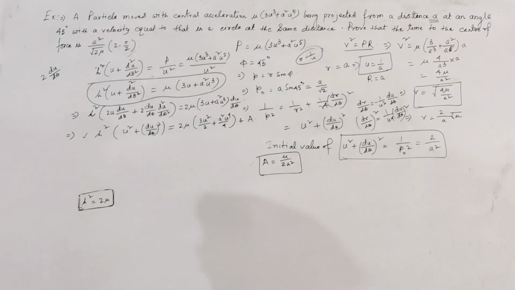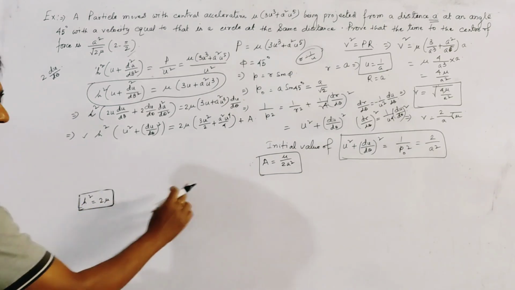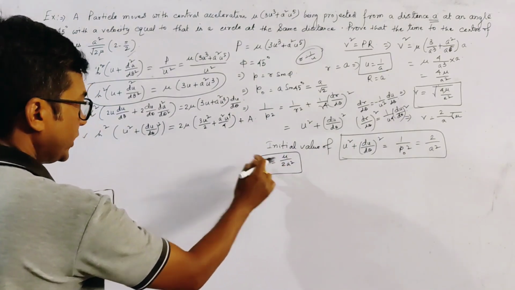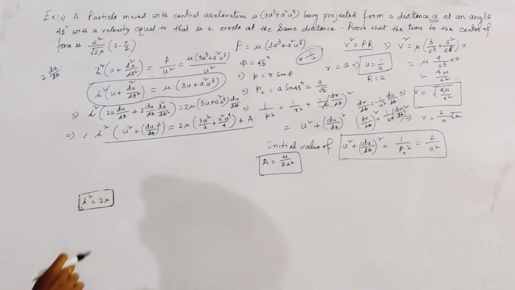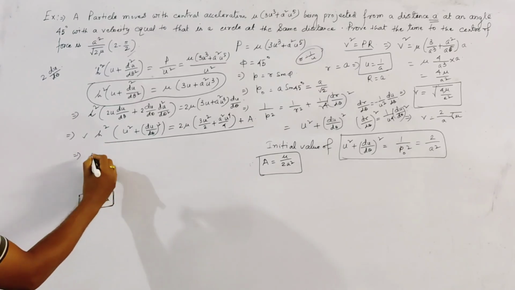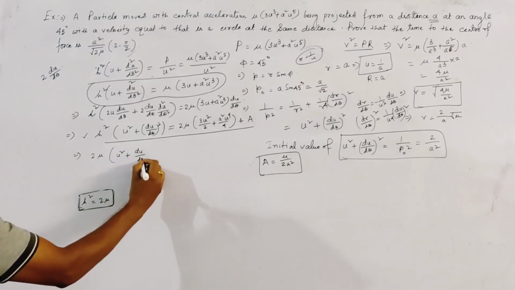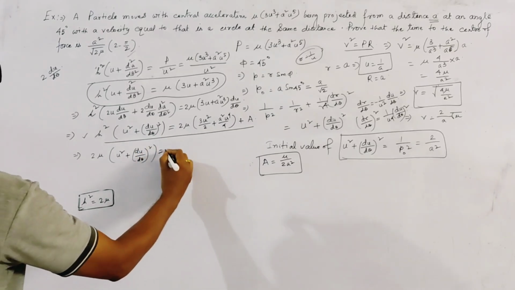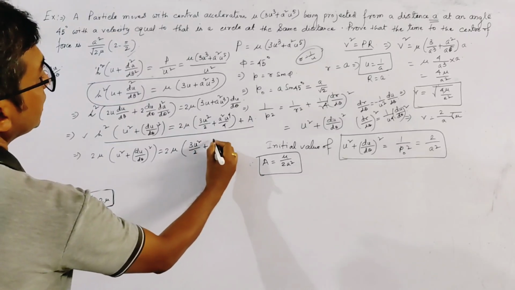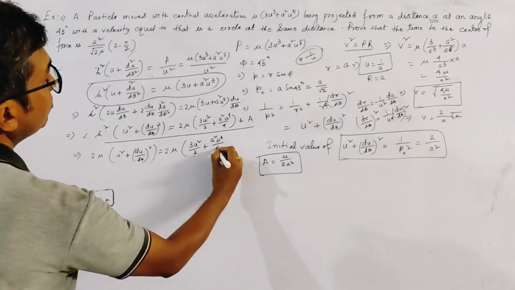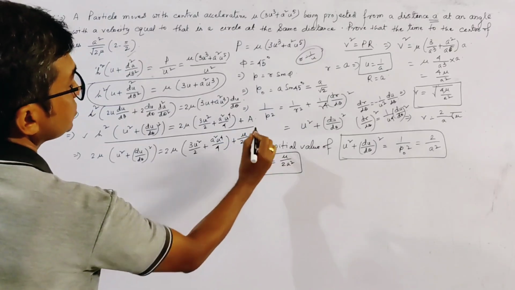Now we put the values of these two arbitrary constants, h square equal to 2 mu and a equal to mu by 2a square, in this final result or differential equation, and we get 2 mu into u square plus du d theta whole square, equal to 2 mu into 3 u square by 2 plus a square u to the power 4 by 4 plus a, which is mu by 2a square.